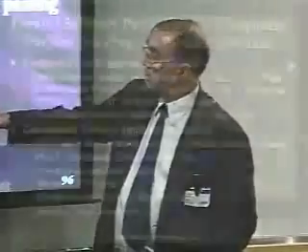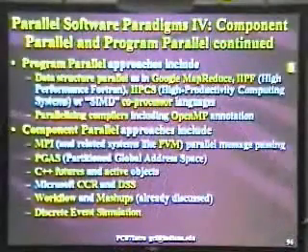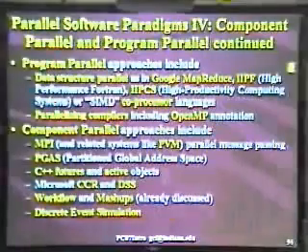Here are various threading models. We've already discussed workflow and discrete event simulations of this type, and of course MPI. And at the top are the many program parallel approaches, where I would put the Microsoft .NET data parallel approach up at that level.